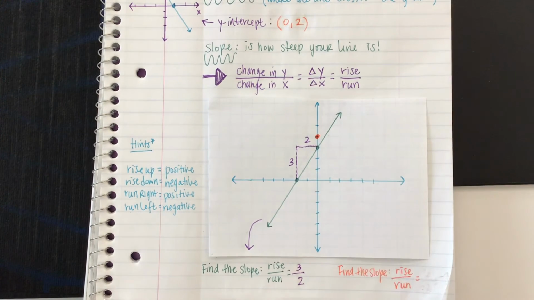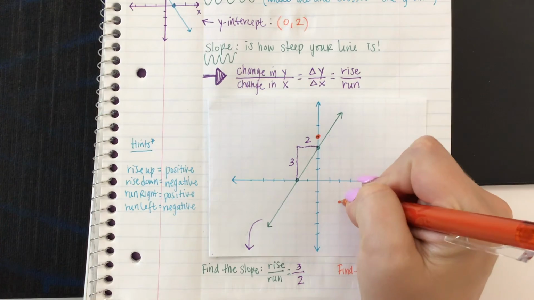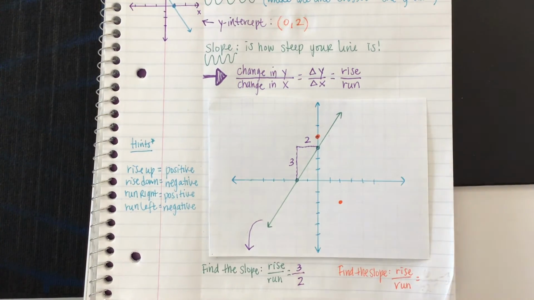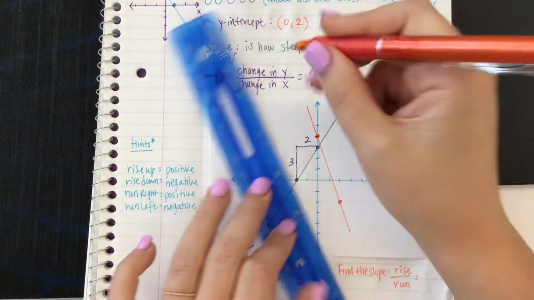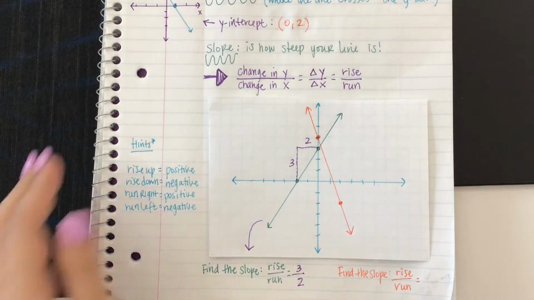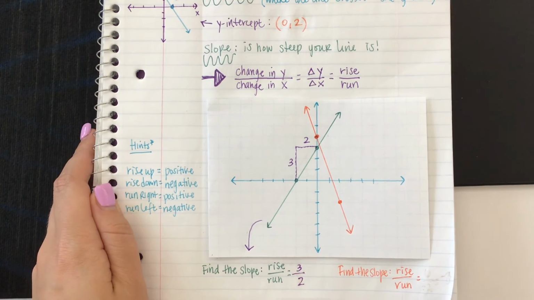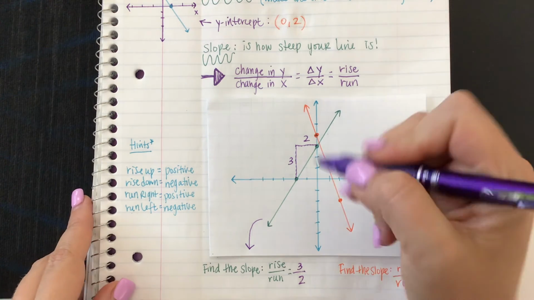So here we have a point that's (0, 4), and here we have a point (2, -2). So we're going to do the same thing with this line. We're going to make a triangle from the bottom point to the top point.